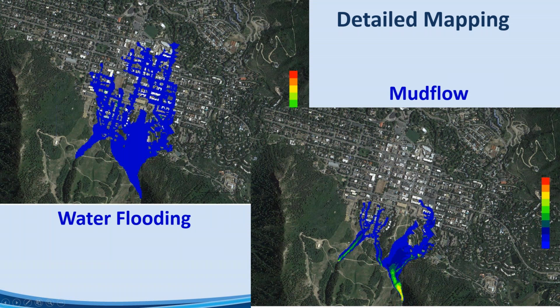But you could model the storm drain with the water flooding or the mud flow. And you can see here that the water flooding extends somewhat further down and into the urbanized alluvial fan than the mud flow.